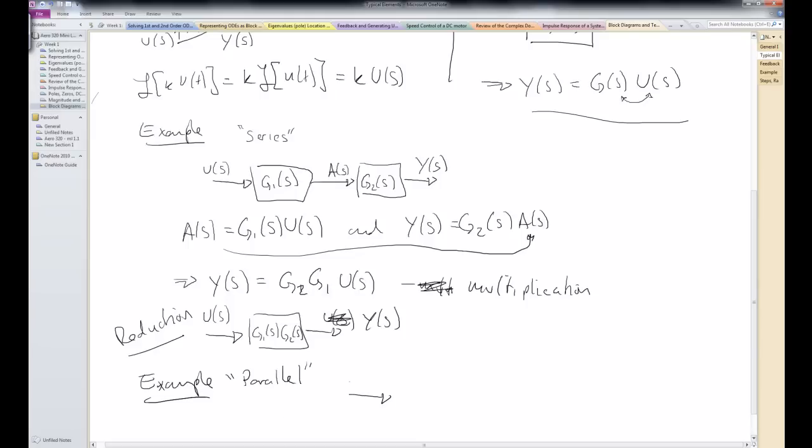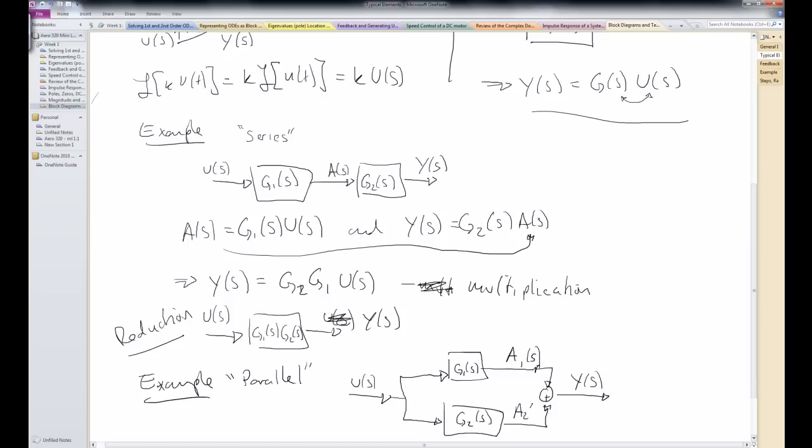Let's say I have U of S coming in, and I have two block transfer functions, G1 of S and G2 of S, and this signal splits off and multiplies each one of those, and then these two come back together and get added up in a comparator, and the output here, say, is Y of S. Call this A1 of S and this A2 of S.